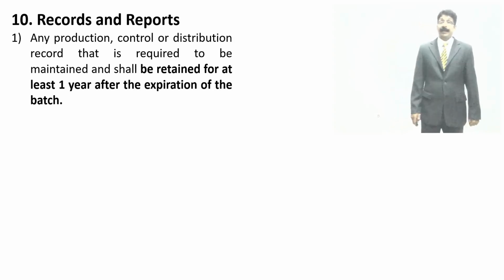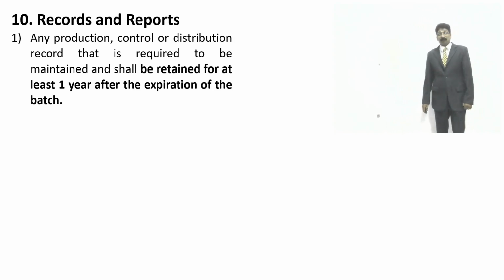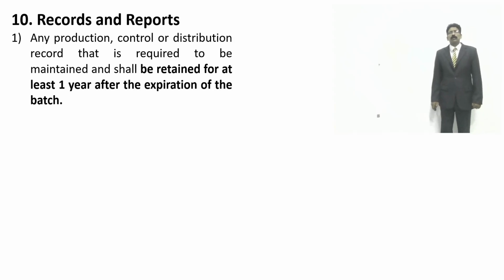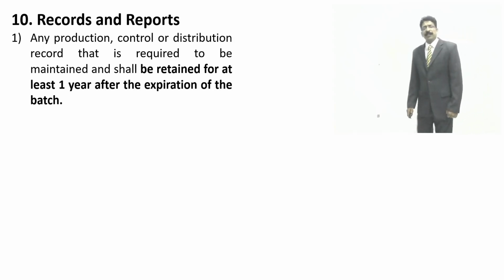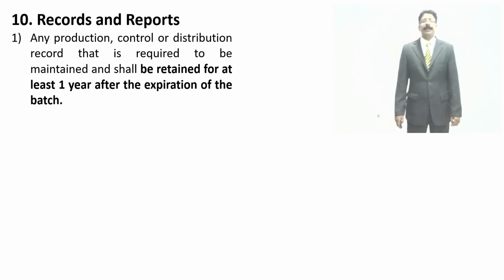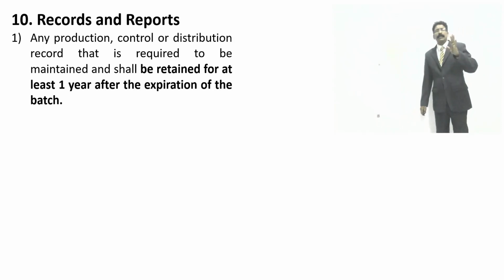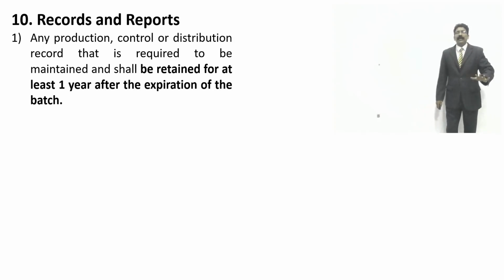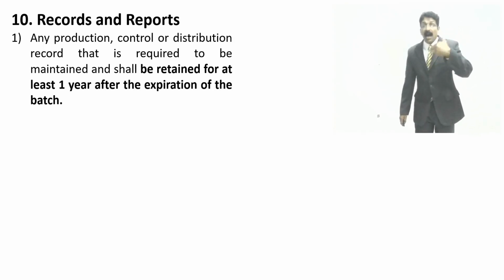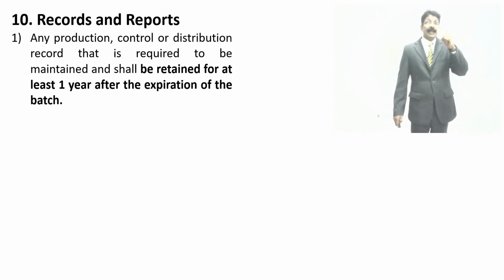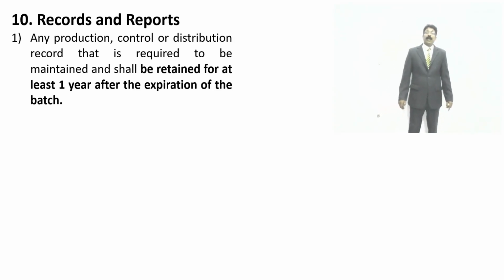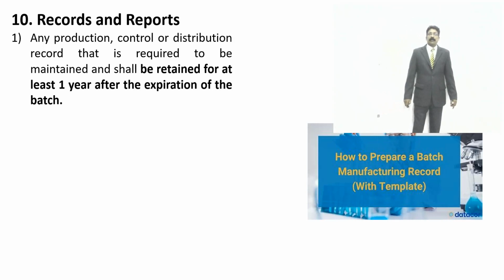Any production control or distribution record that is required shall be retained on the premises for at least 1 year after the expiration date of the batch which you have specified on the label in the market.